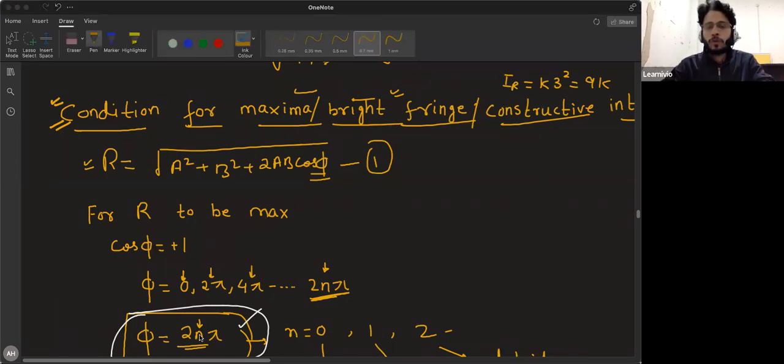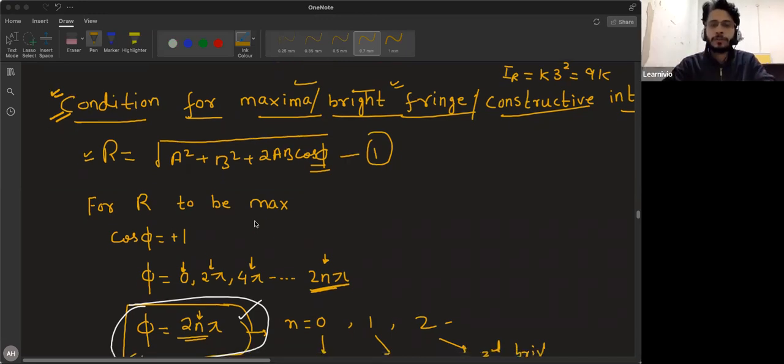If you put n equal to 1, then 2 pi. If you put n equal to 2, then 4 pi. So if you keep on changing the value of n, you get all these values. So for the maximum value of R, your cos phi should be 1, which is possible only if phi is 0, 2 pi, 4 pi, or 2n pi. This is the phase difference for the maximum R.